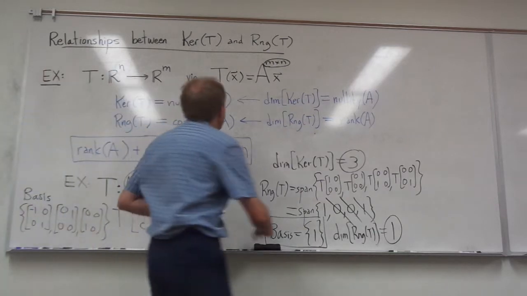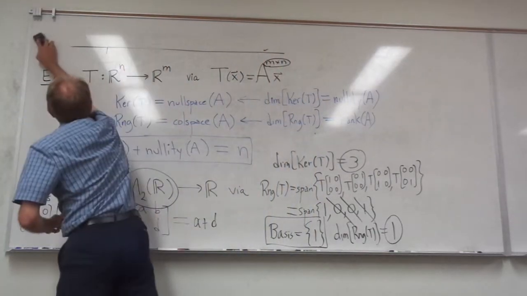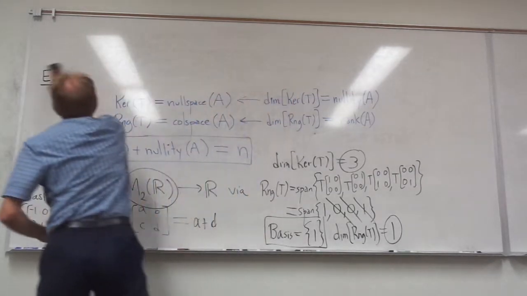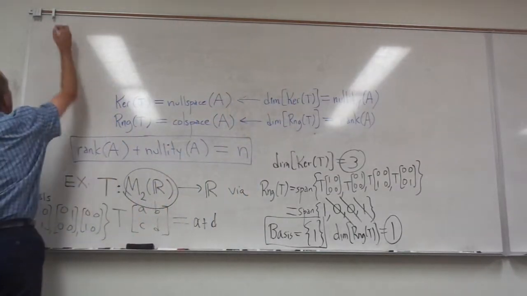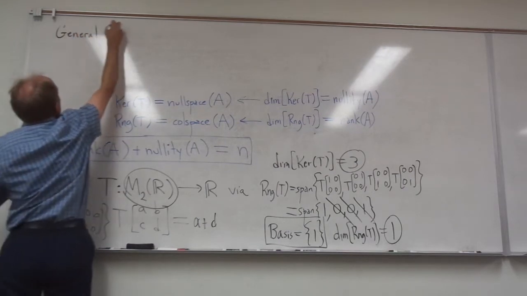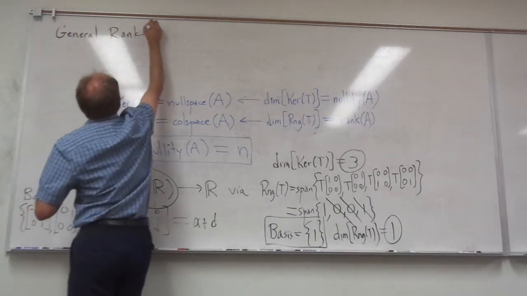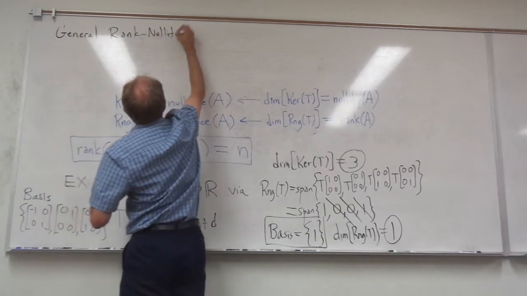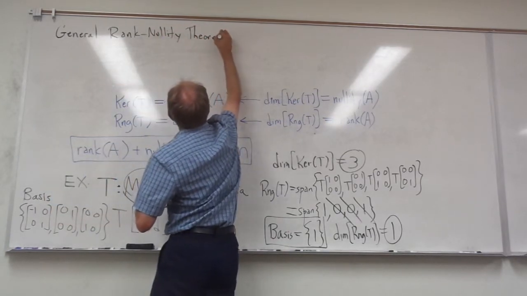So this gives us something that is worth writing down. It is generally called the general rank nullity theorem. And we've now already seen 2 examples of it.